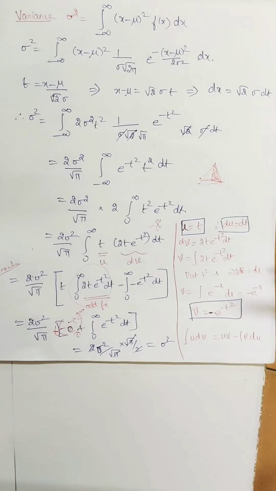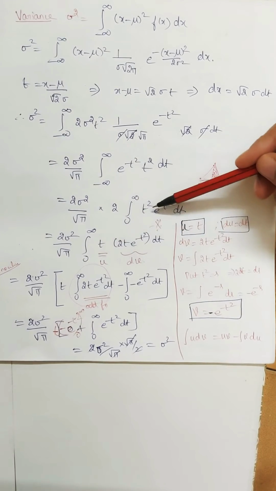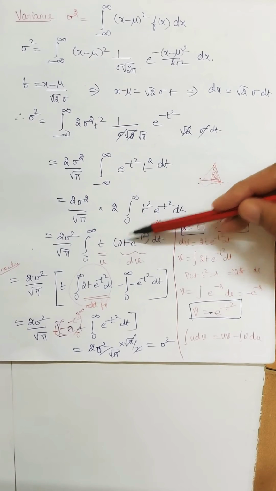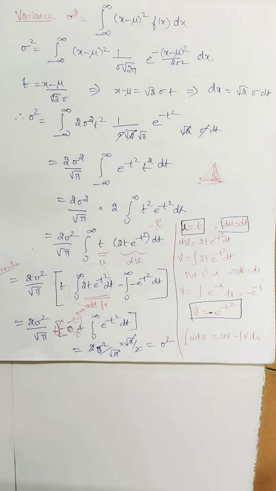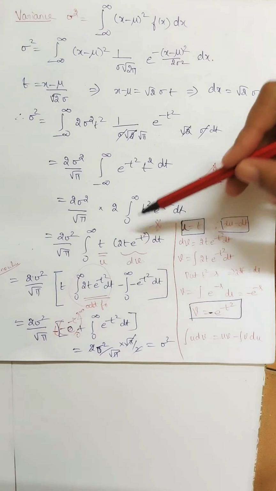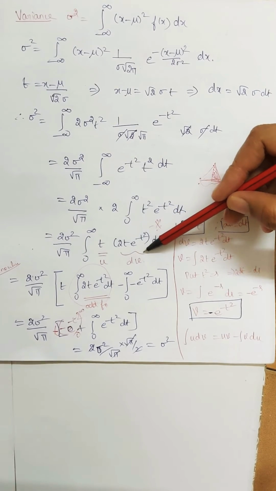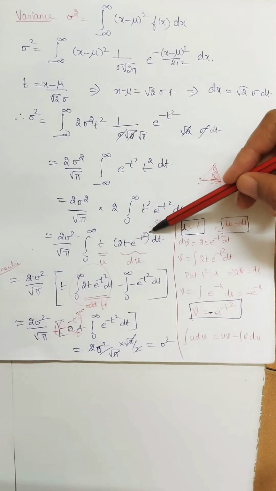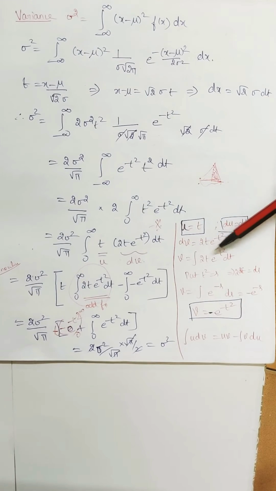Now this value, I am going to split t square as 1t I have written here and 1t here, and this 2 I have taken inside: 2t e power minus t square dt as dv. Why are we splitting like this? Because if you integrate this term, listen carefully, integral of 2t e power minus t square dt, put t square as s.